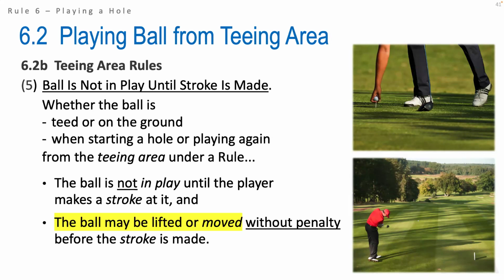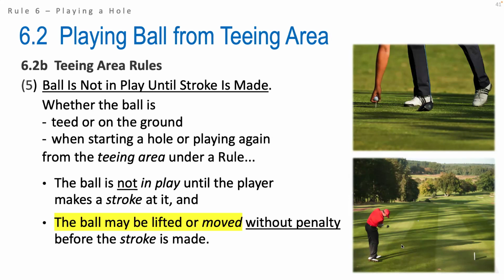The ball hasn't been played until the player makes a stroke at it. We'll see in the next couple of slides some examples of what does not constitute a stroke. But this is a big change that was made in 2019, and it was made to help beginner golfers and really didn't impact more experienced golfers.